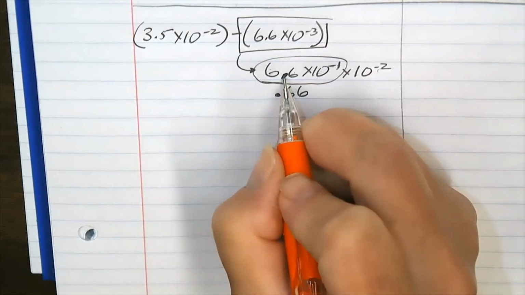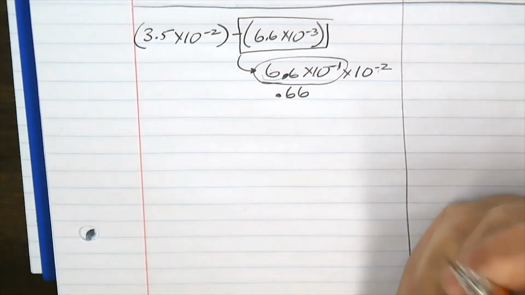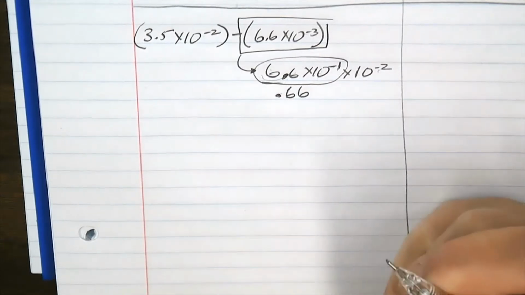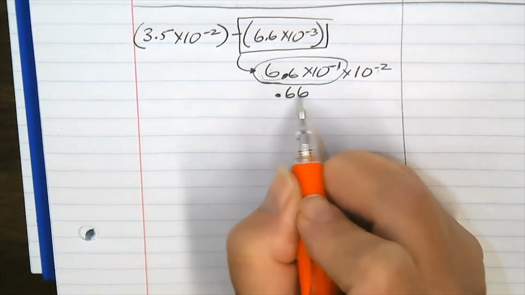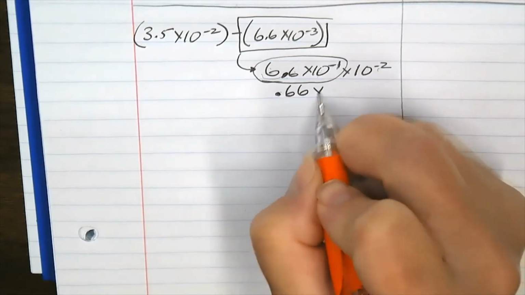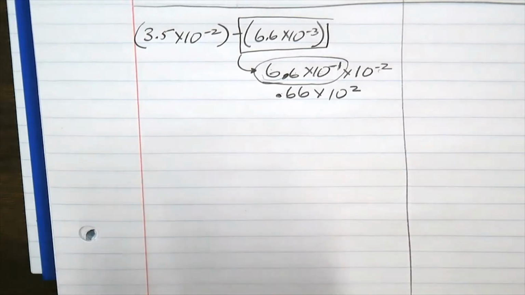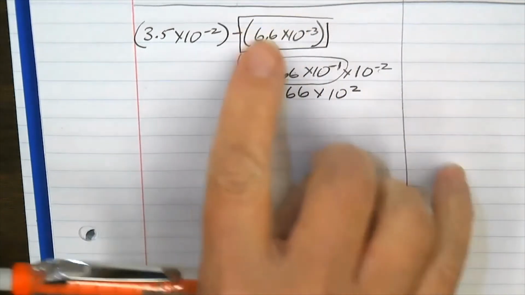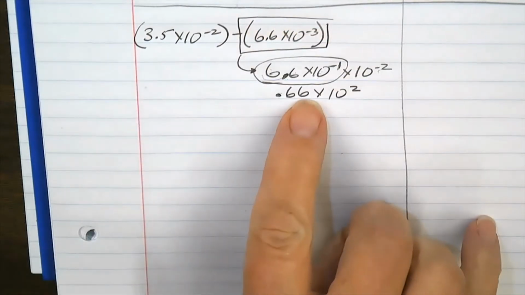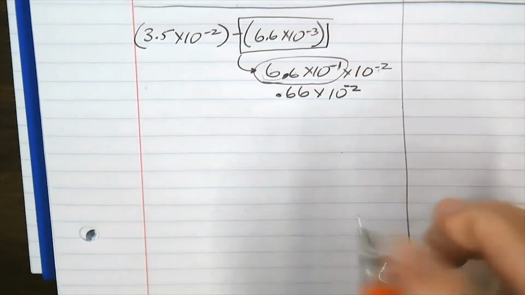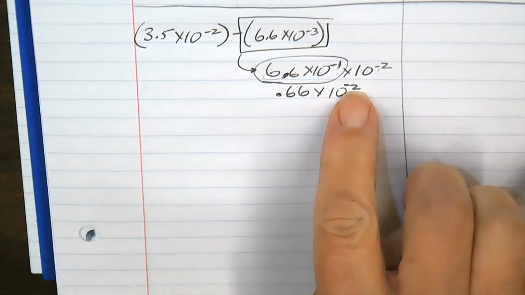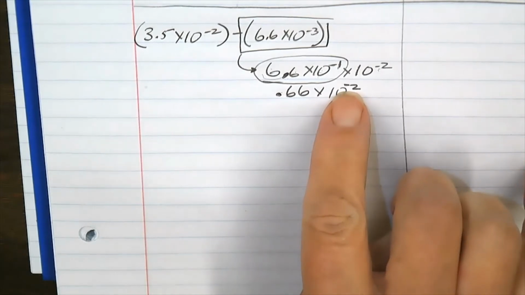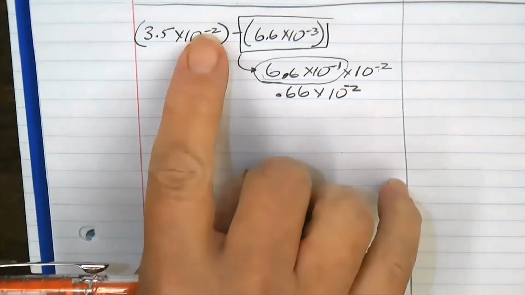Negative 1 is telling us we move that decimal to the left one place value. So this is equal to 0.66 times 10 to the negative 2. I've reworked this number in scientific notation so that I now have a power of 10 of negative 2. Okay, it matches here.